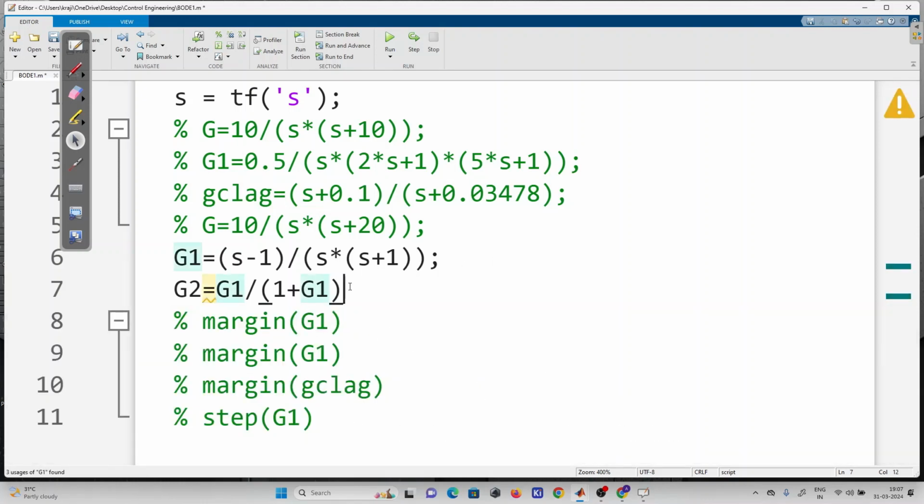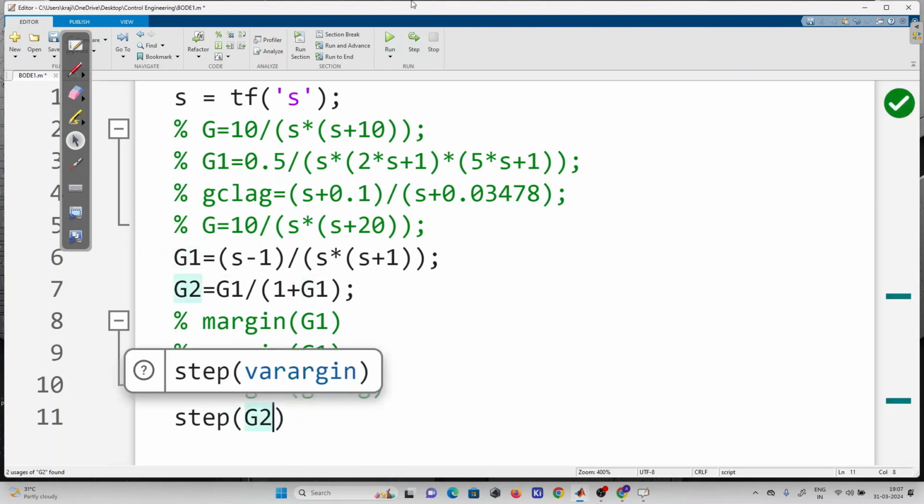This is our closed loop transfer function. Now we can find the step response for this one, so simply step of G2. Let's see what we are getting.